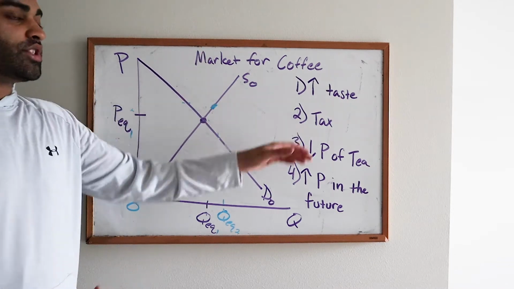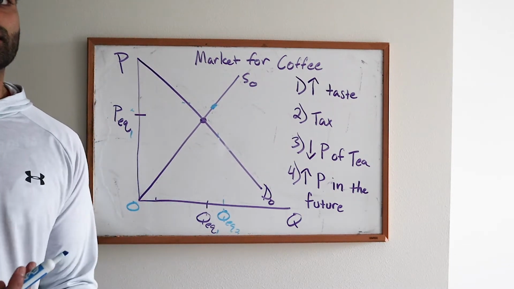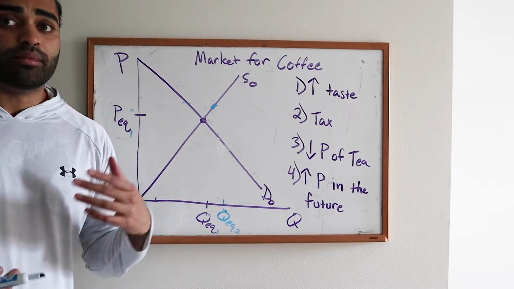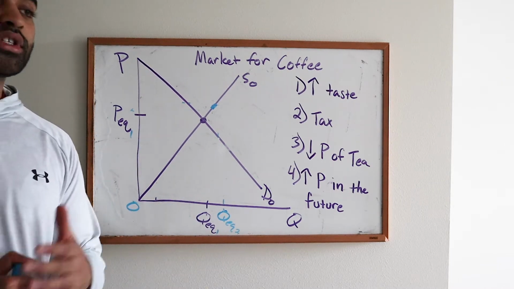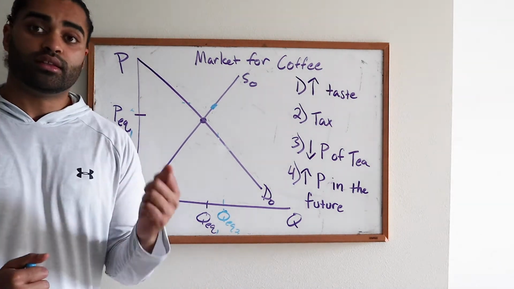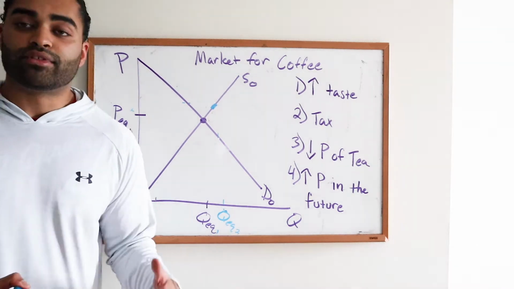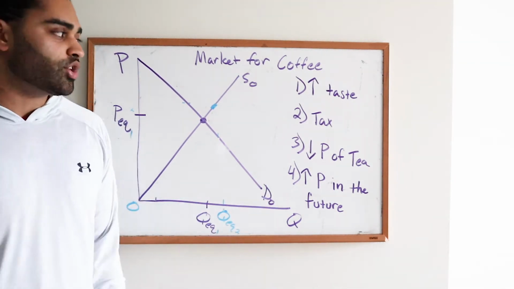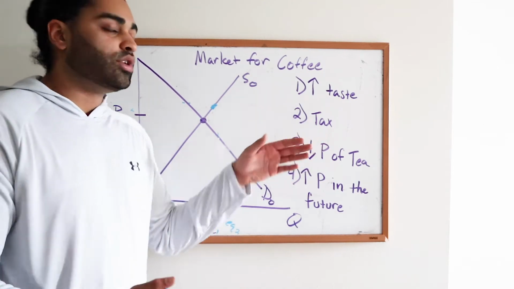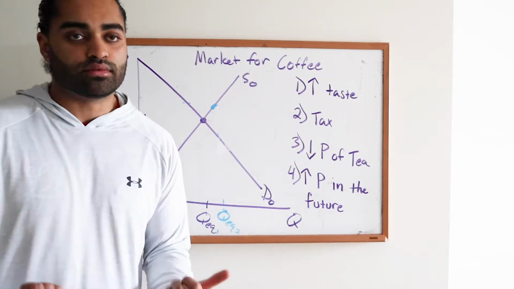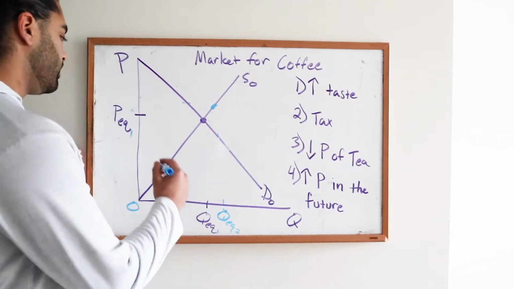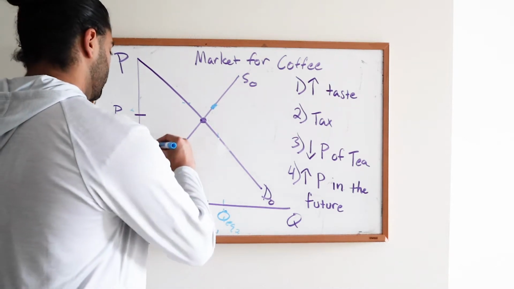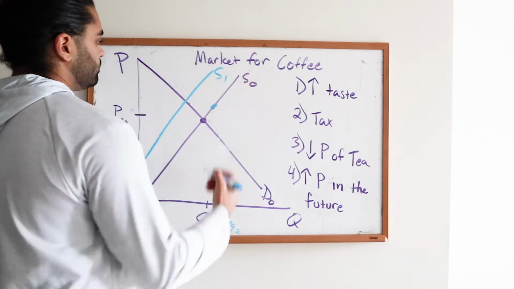So anytime there's a tax imposed, it's always going to be on the seller, in our case. So again, referring back to our shift factors, anytime there's a tax imposed, that means these producers have to pay the government X amount of money to produce their product. So because of this, you treat tax like an increase in cost of production. So if cost of production has gone up, our supply curve is going to shift to the left.